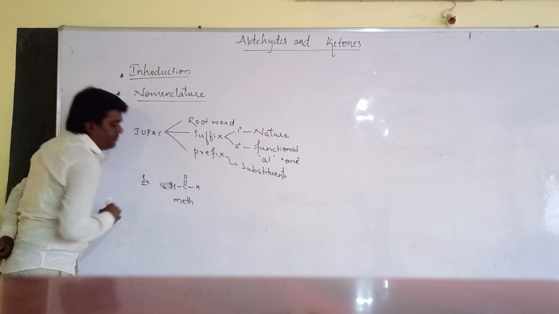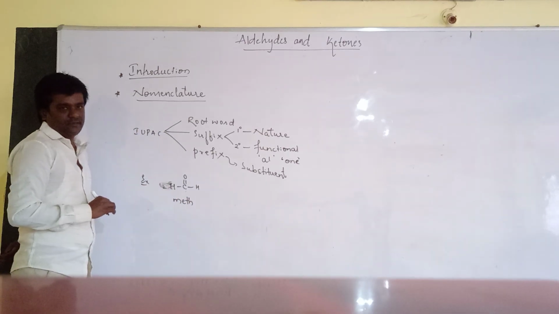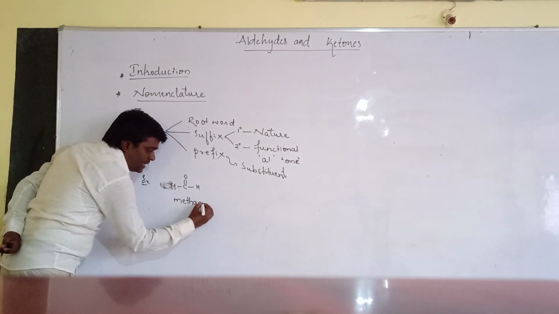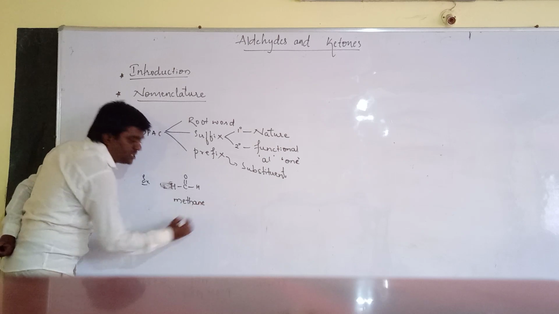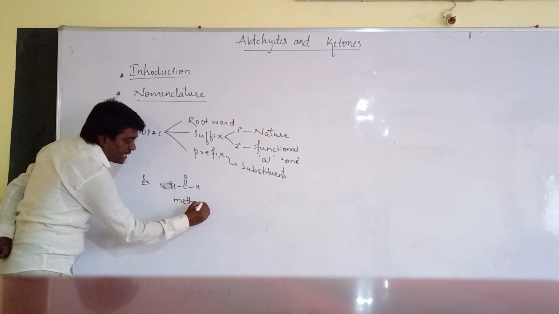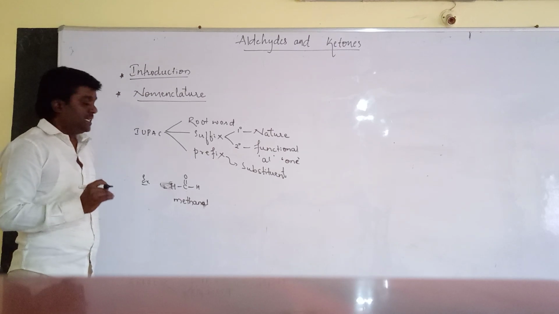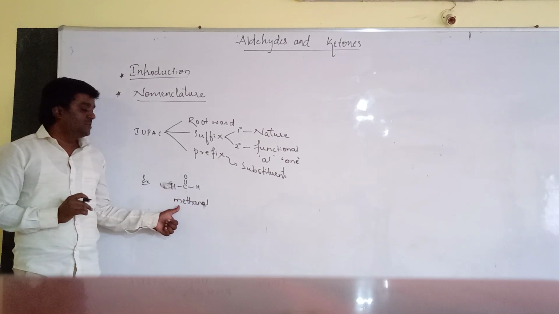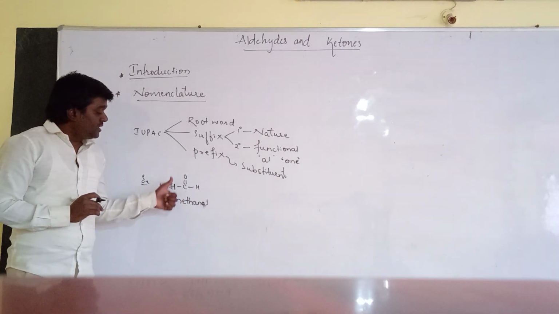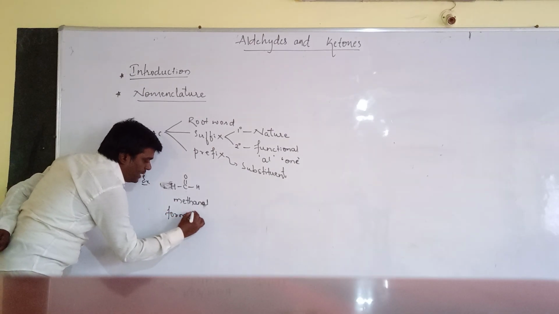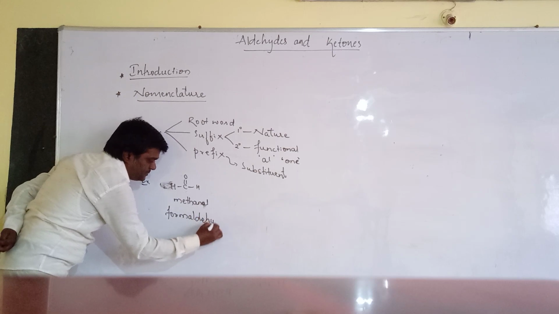One carbon atom is there, therefore the root word is meth, and it is a saturated compound, and the terminal e is replaced by the AL, that is the secondary suffix. The IUPAC name of the compound is methanal and the general name is formaldehyde. Generally it is known as formaldehyde.